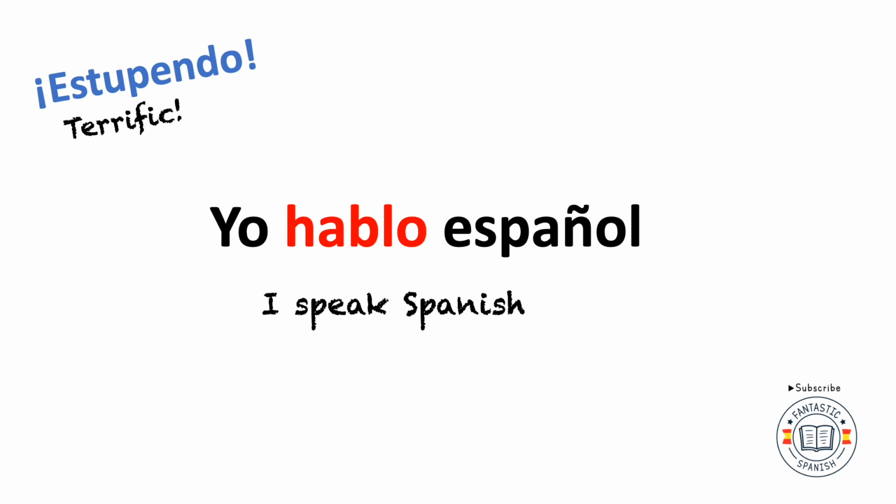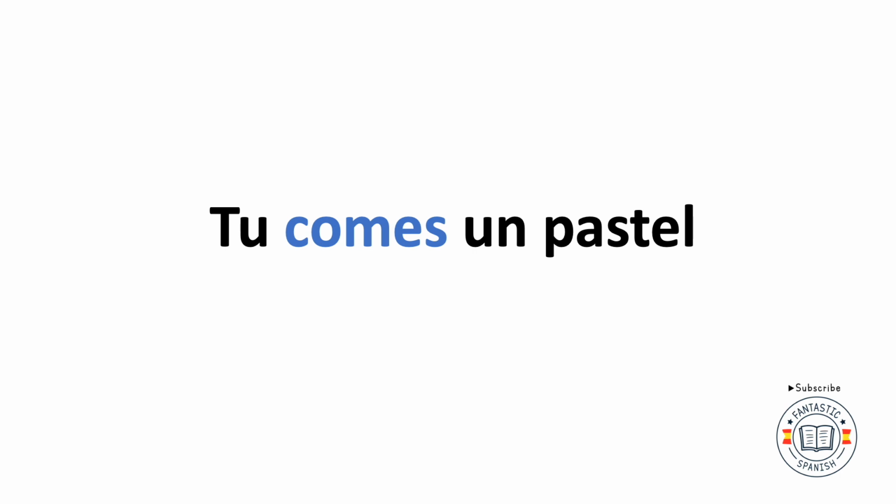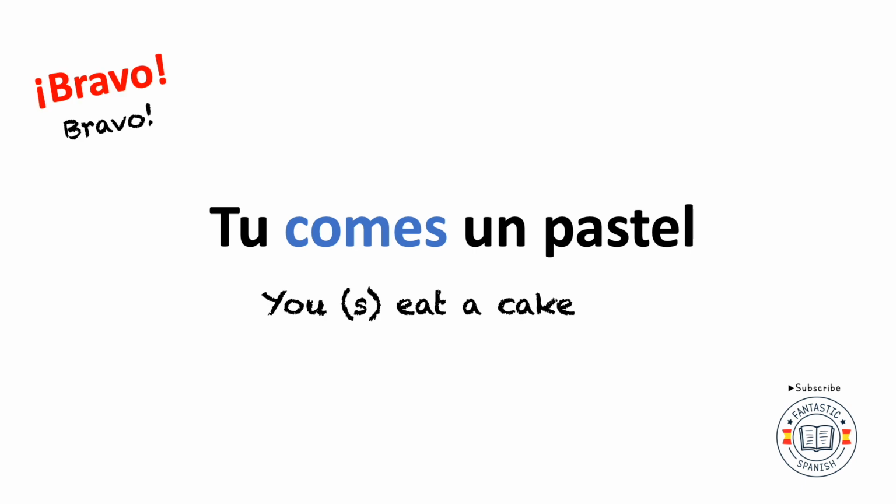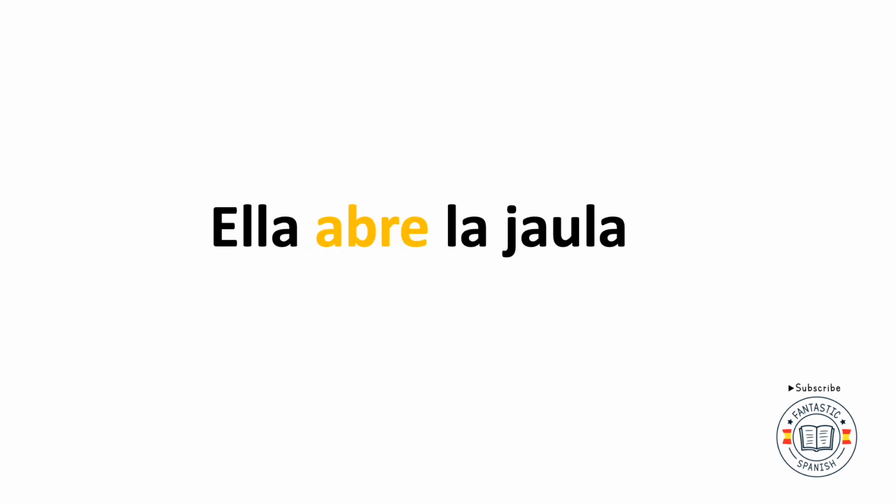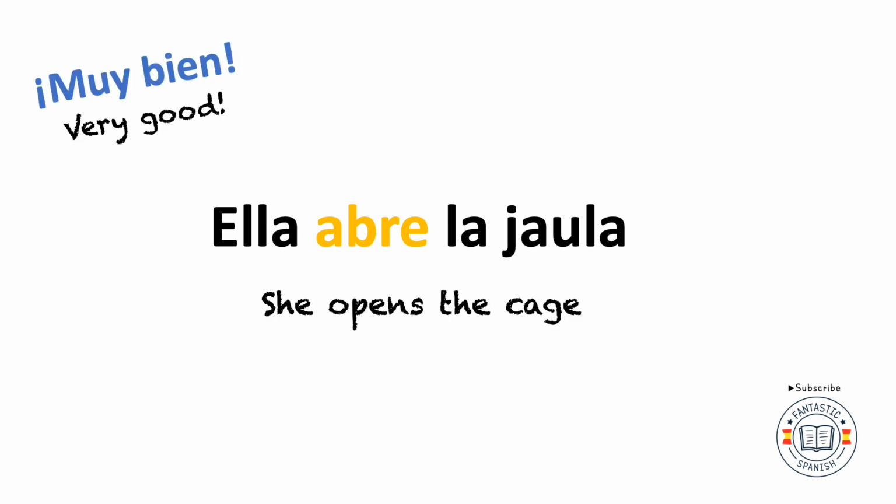And the next sentence is: Tú comes un pastel. You, singular, eat a cake. Bravo! Next sentence is: Ella abre la jaula. She opens the cage. Muy bien, very good.